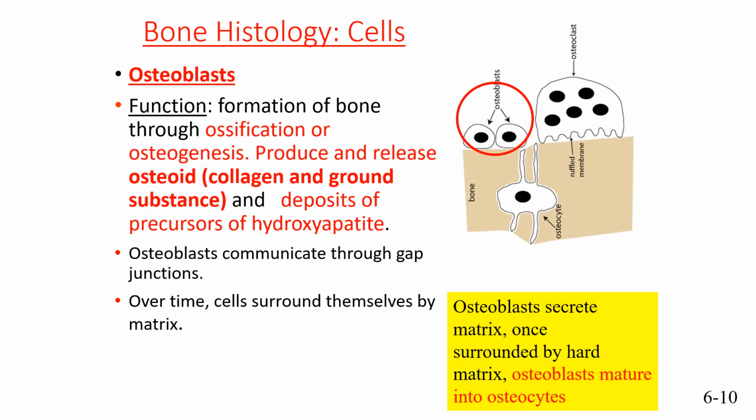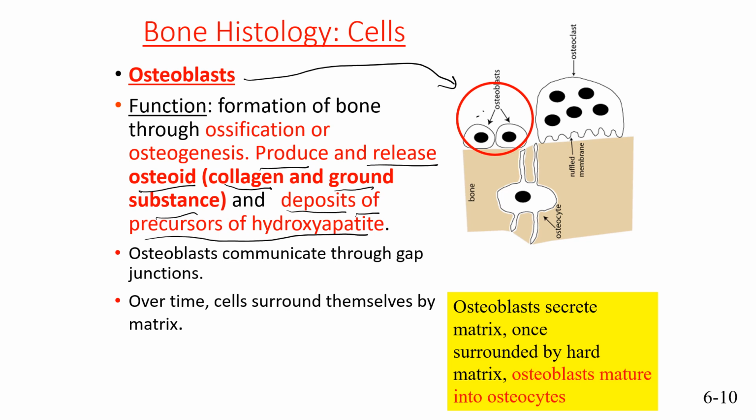Osteoblasts, which are young bone cells, are found on the surface of bone. These cells produce and release the osteoid, which is the organic component of bone matrix, made of collagen, protein fibers, and ground substance. They also help deposit into the matrix the inorganic components, hydroxyapatite crystals.